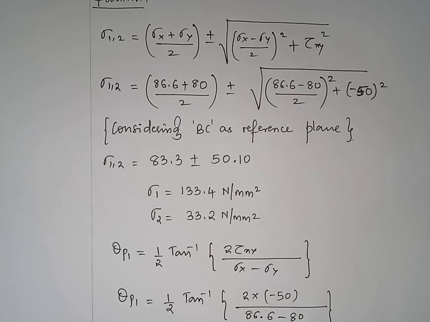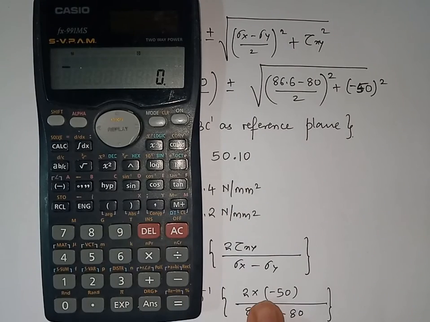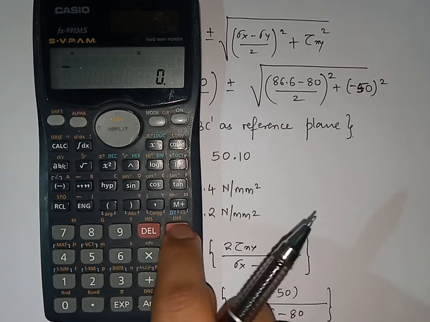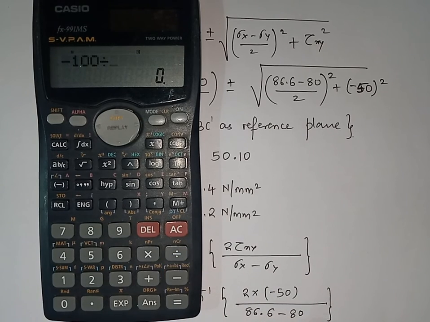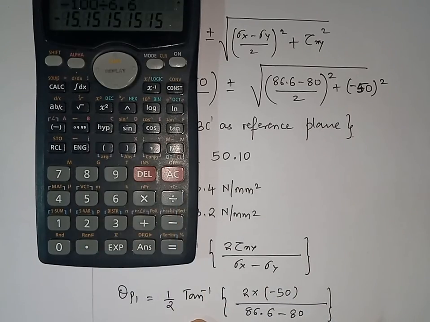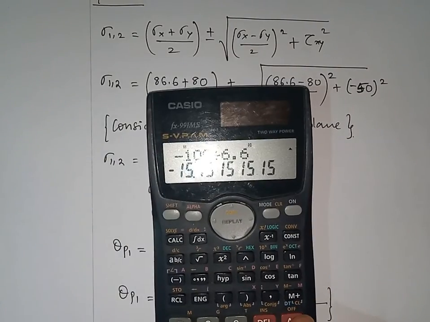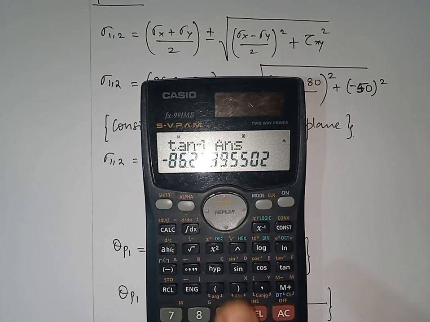So let me check out what value of theta P1 I will be getting. I will be solving it here. So 50 into 2 is 100, so it is minus 100 divided by 6.6, right? I need to take tan inverse of that, right? So tan inverse of this will be shift tan inverse of answer, right?